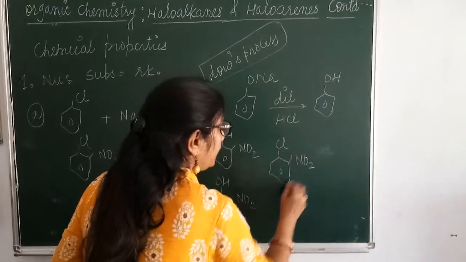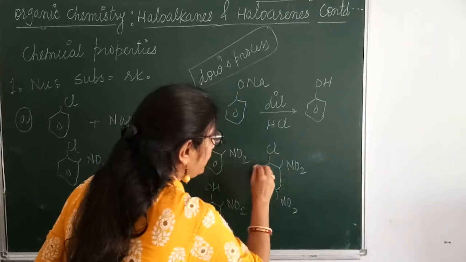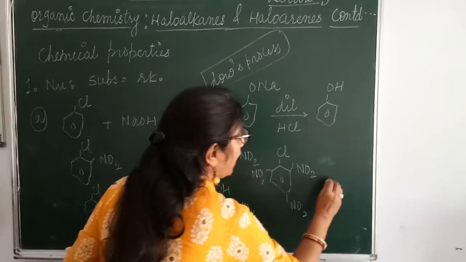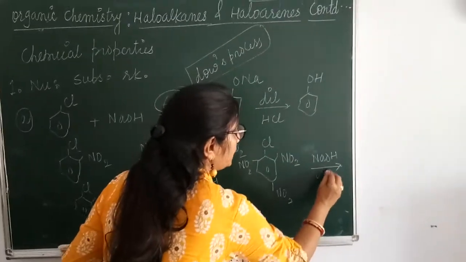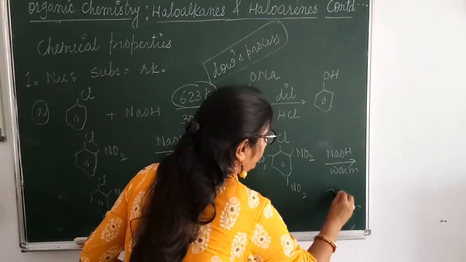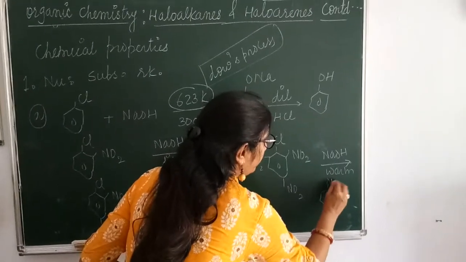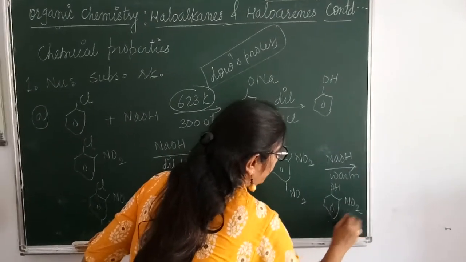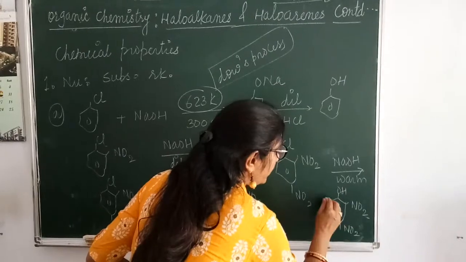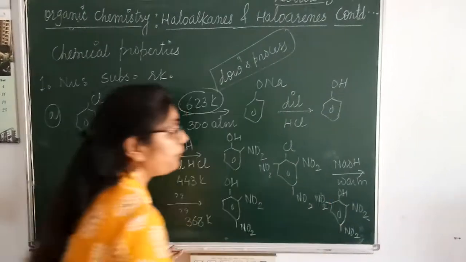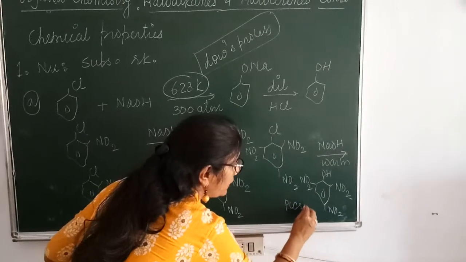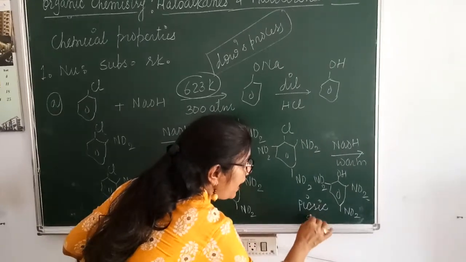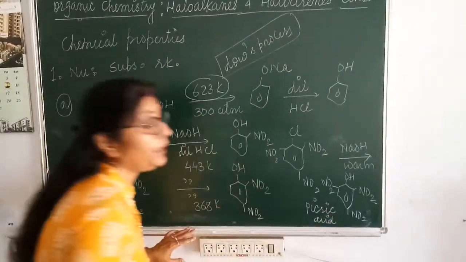And when there are three nitro groups, all the ortho and para positions are occupied, with NaOH what happens? Simply upon warming, we get trinitrophenol, 2,4,6-trinitrophenol, and the name of this important compound is picric acid, P-I-C-R-I-C.